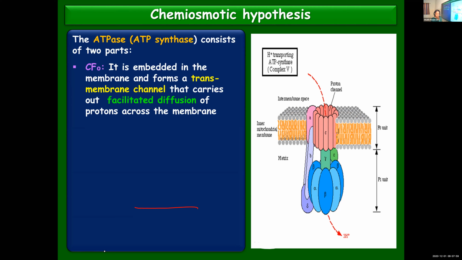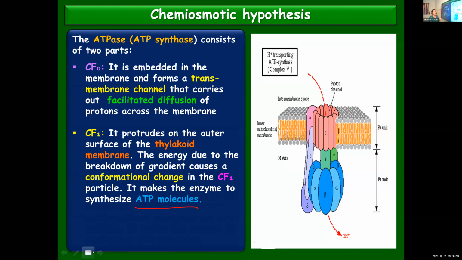When this takes place, the proton gradient will be broken, and as a result, energy will be released. This released energy brings about a conformational change in CF1 and enables it to synthesize ATP molecules. This is how chemiosmosis takes place.